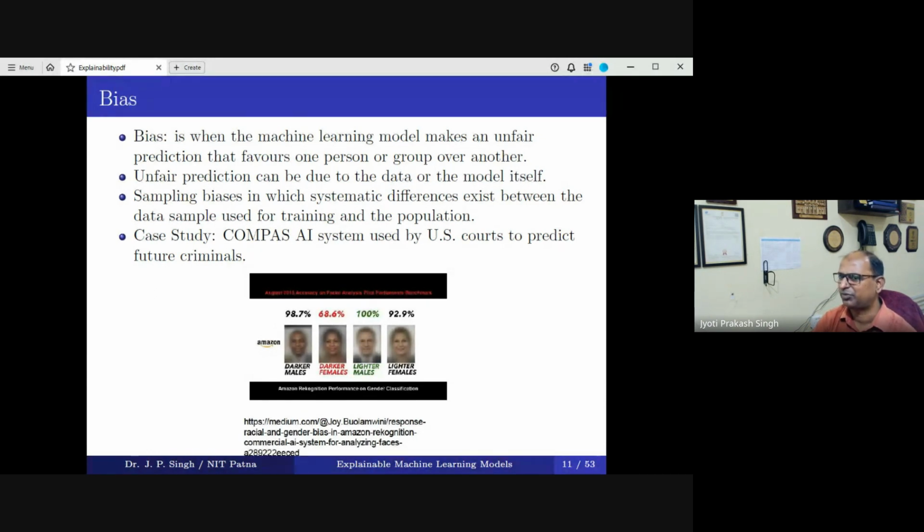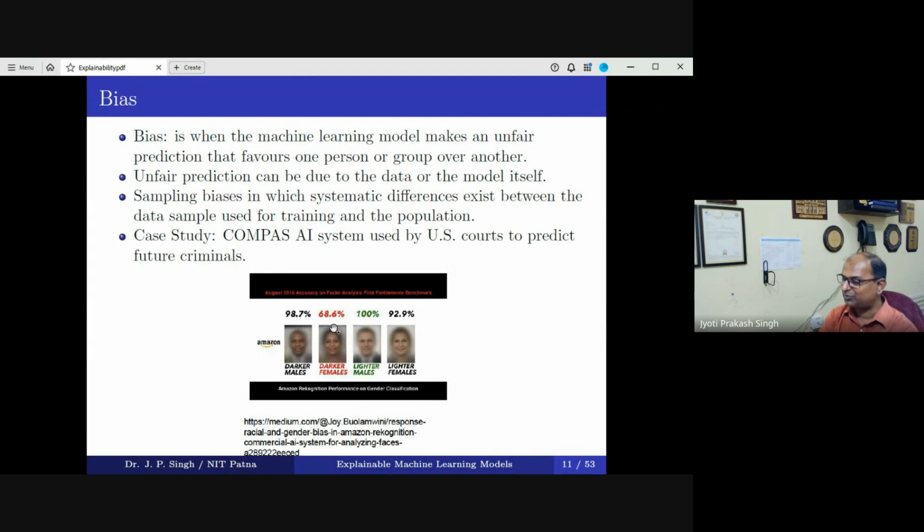Bias is now becoming a big issue, especially in some systems. Here I have given an example from the Amazon face recognition system, a commercial AI system that recognizes faces. With a lighter female, it predicts female with a probability of 92.9%.